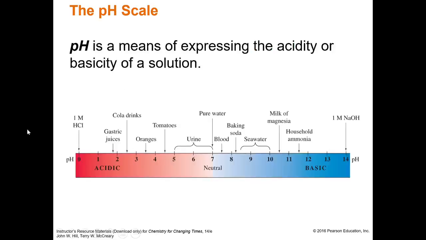So for example, when we went from 1 to 2 here, this was a 10 times lower concentration of H+. When we go from cola drinks to oranges, we're talking about a 10 times decrease in the concentration of H+. So the single pH unit changes are actually huge changes.